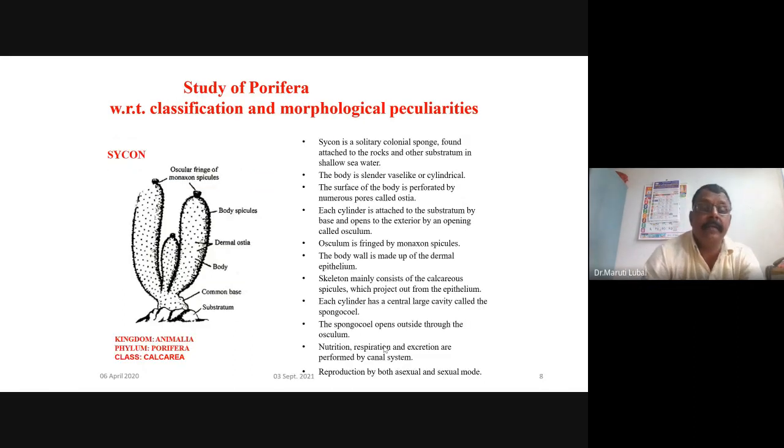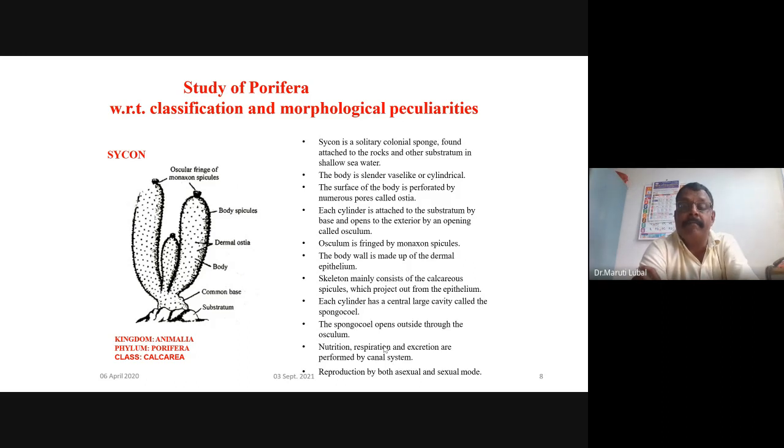The first animal is Scypha. Scypha is a solitary or colonial sponge found attached to rocks and other substratum in shallow sea water. The body of Scypha is slender, vase-like or cylindrical. The surface of the body is perforated by numerous pores called ostia.